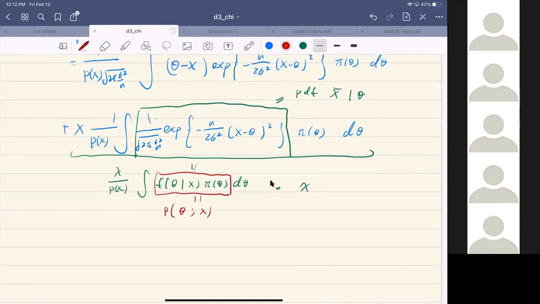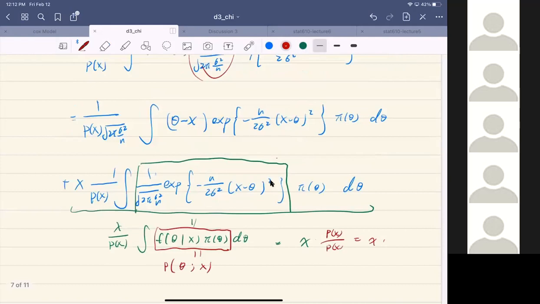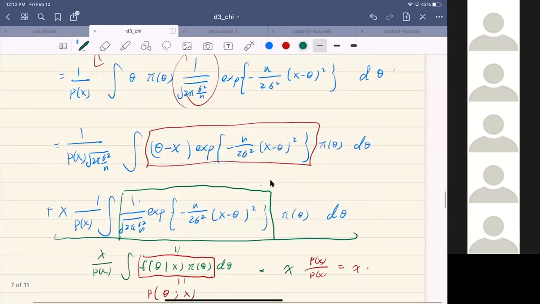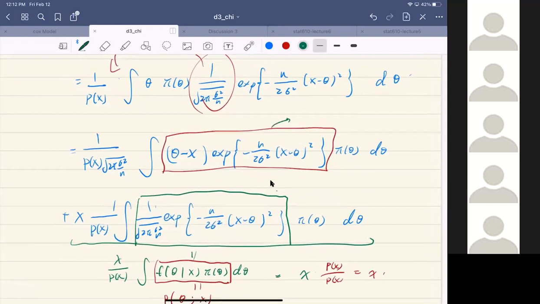So it can be p of x divided by p of x, so it should be x. And now we focus on this term. You can find this d over dx of exponential.